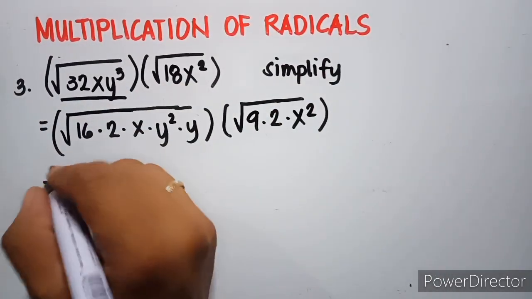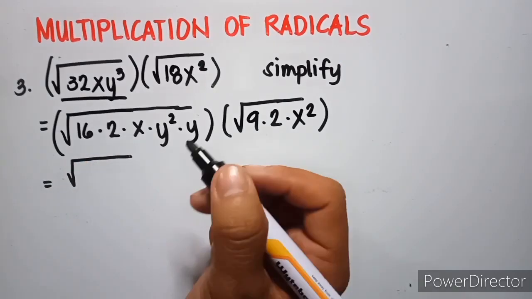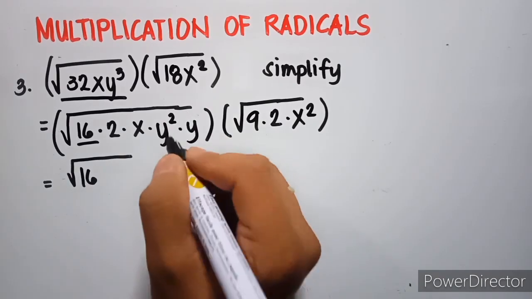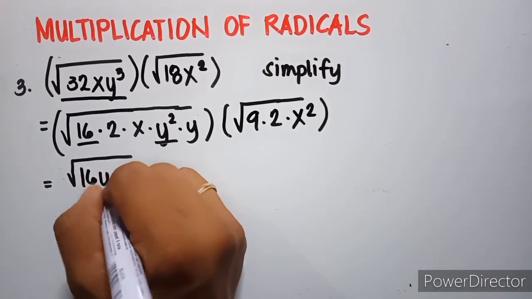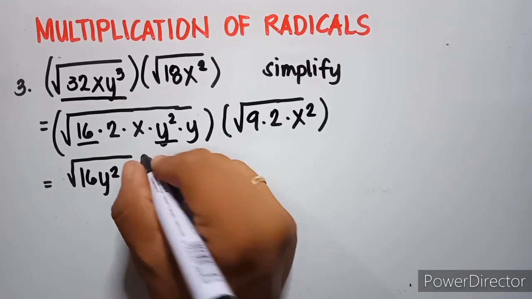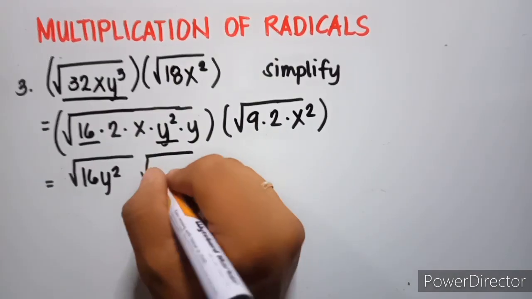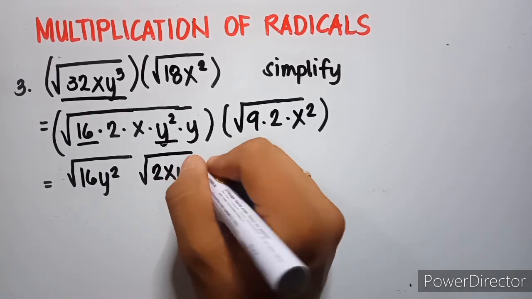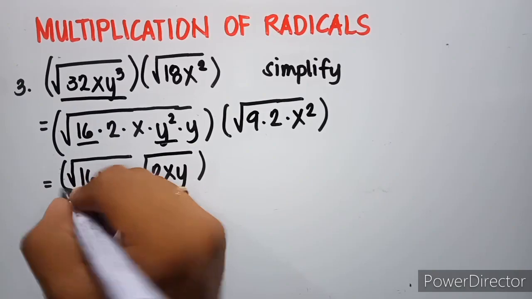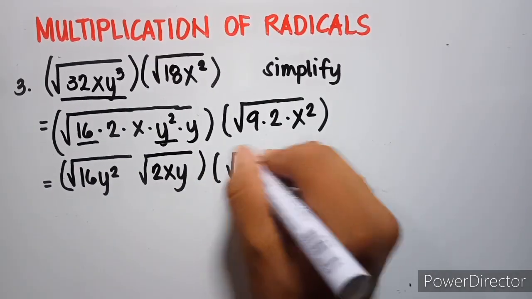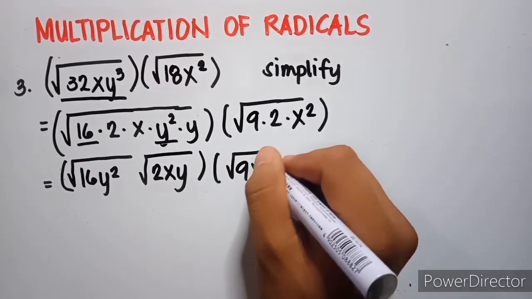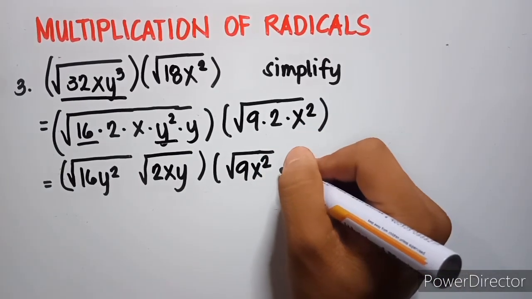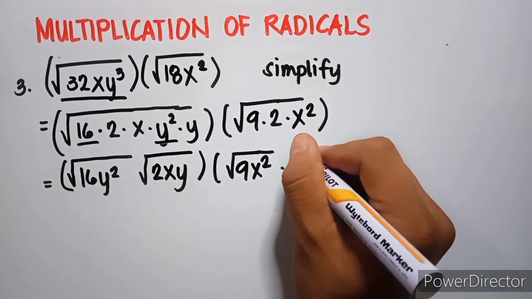Then equals. Pagsasama-samahin natin sa square root yung perfect square. So we have 16 and y squared. Tapos, doon naman sa isang square root yung hindi magkapareho, o yung walang square root. So, 2xy. Then, times square root of 9x squared, then times square root of 2.